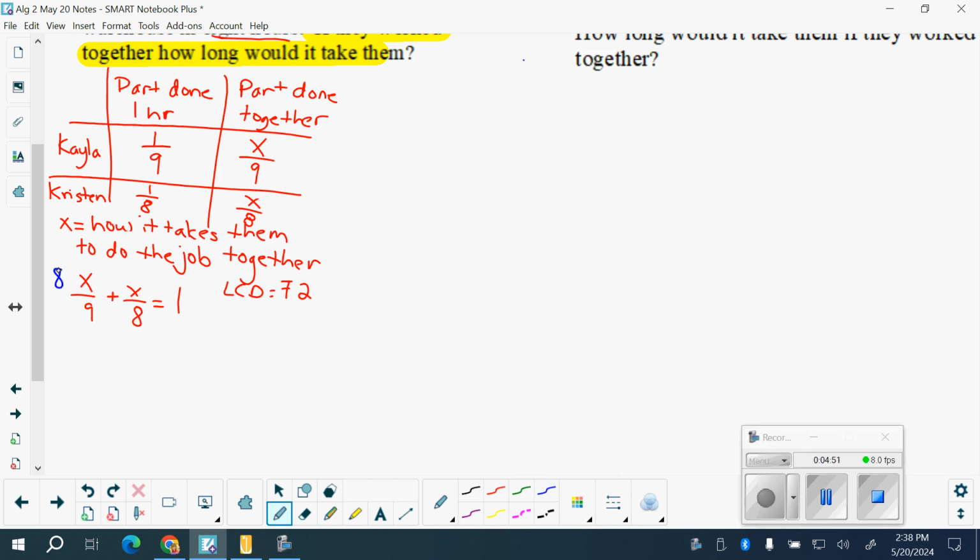So multiply by 8. Multiply this one by 9. And then what do we multiply this one by? Least common denominator 72. So what do we multiply? 72 on this one.